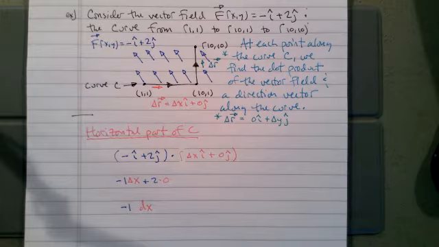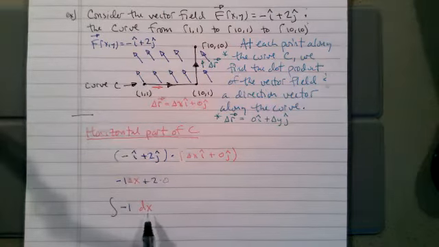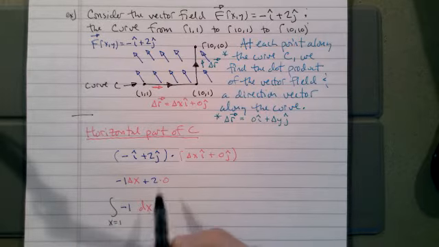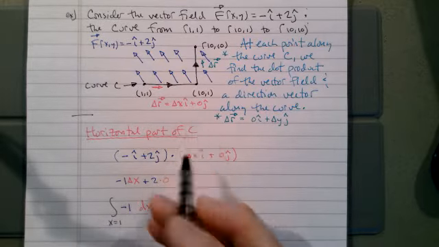We're going to integrate. In this case, we want to integrate over all the values. Since we were able to write this dot product all in terms of our x variable, we're going to integrate over all the values of x. So we're going to integrate as x goes from 1 to 10.